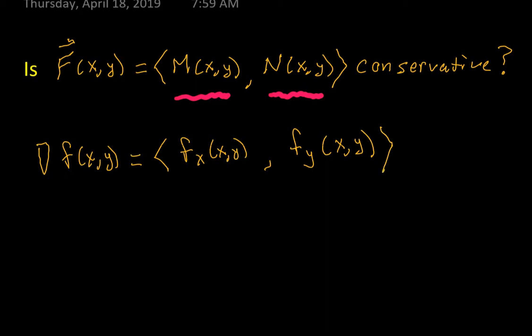All right, so that would be if we did a gradient. So we know the definition of conservative is that the vector field came from the gradient of some function.